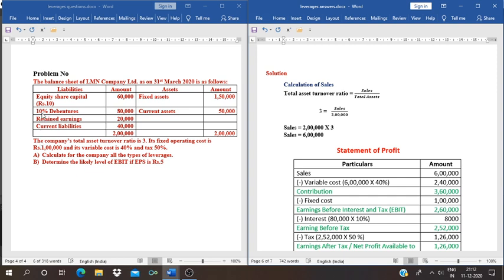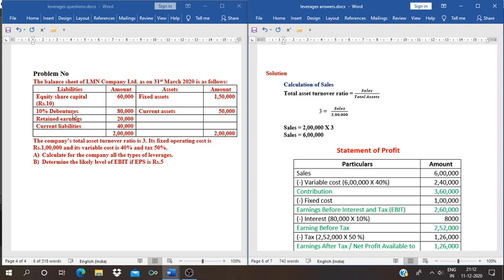See the problem. The balance sheet of LMN Company Limited as on 31st March 2020 is as follows. Here also, liabilities and assets, that is the balance sheet information, is given. Here equity share capital is 60,000, in brackets rupees 10. This is the face value.